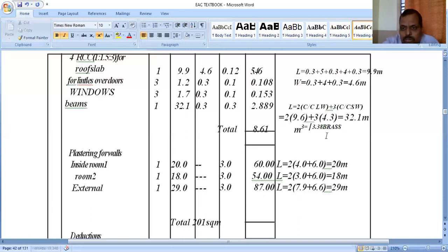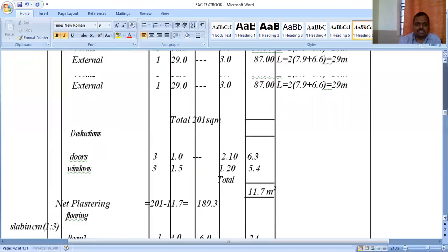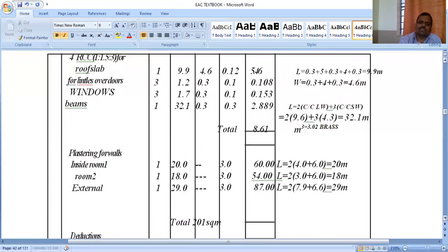It will be 3.02 brass. In this manner, by using very simple techniques, it is very easy for us to go on calculating the quantity of RCC for any type of structure.